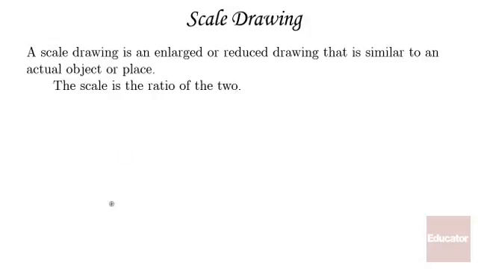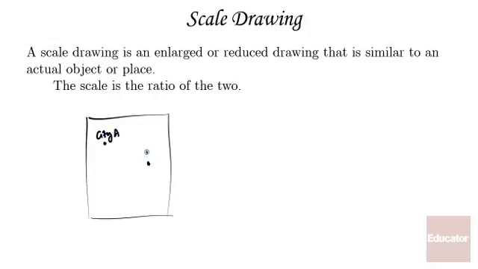So, for example, go back to the map example, two cities. Let's say this is city A. That's one city, and here's another city B. Now, this map is going to represent the actual place, city A and city B. So here, let's say from here to here on the map, this is 2 inches apart.